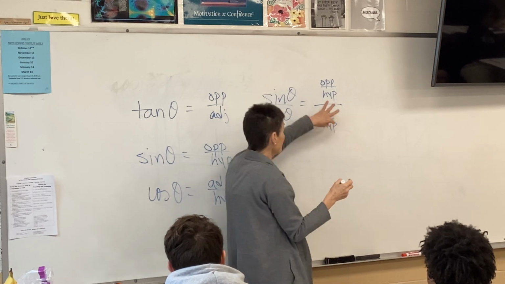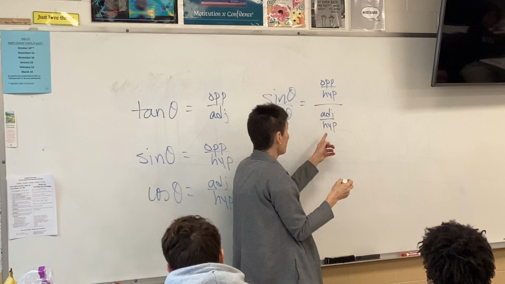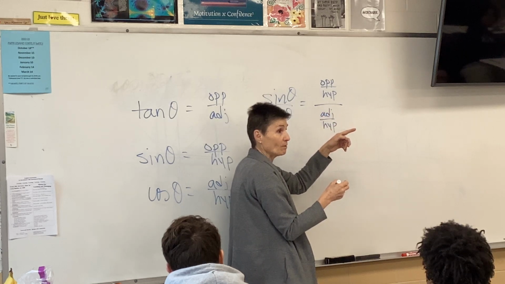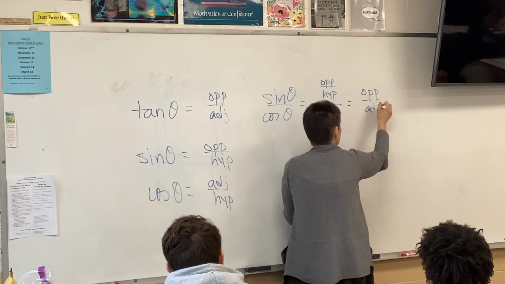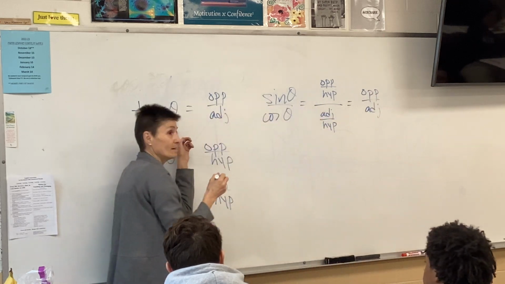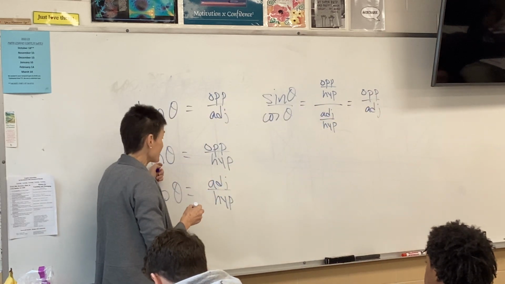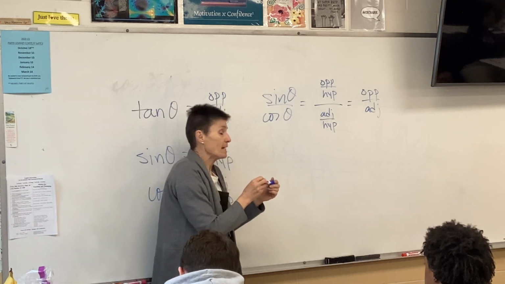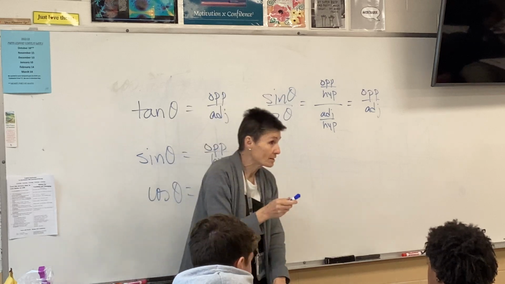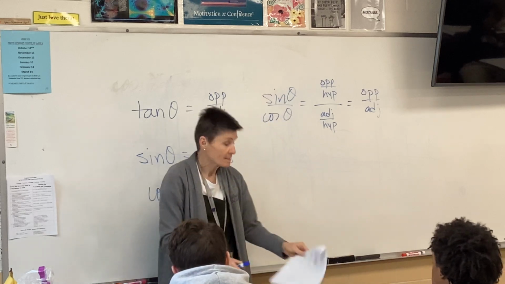If you invert and multiply this, don't the hypotenuse parts cancel out? And you are going to be left with opposite over adjacent, which is tangent. So sine over cosine is tangent. And likewise, cotangent is cosine over sine.